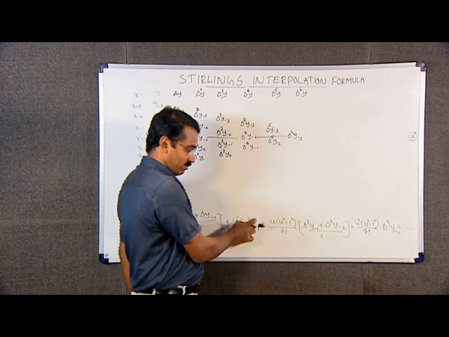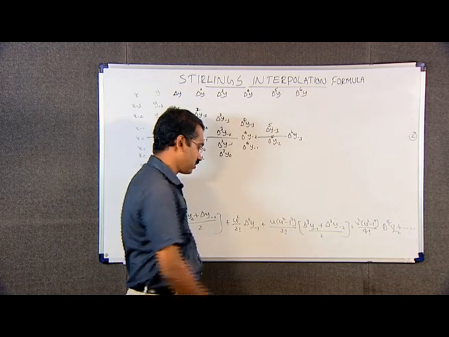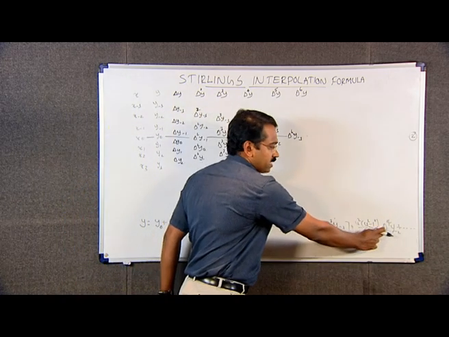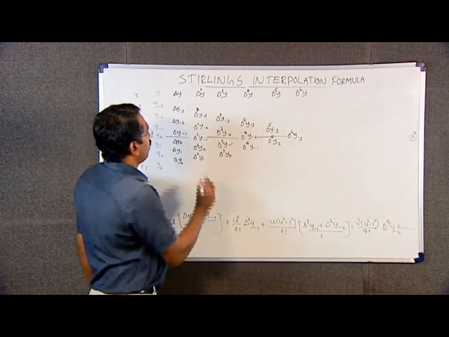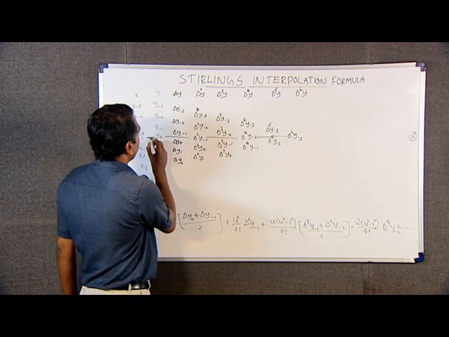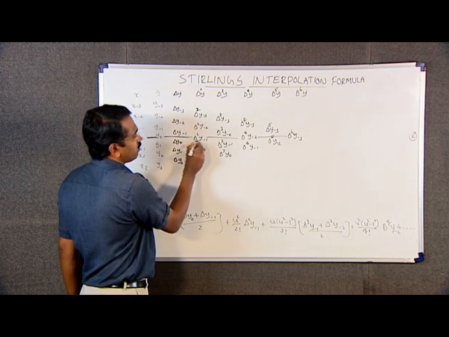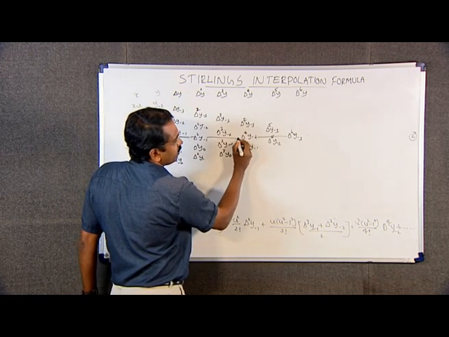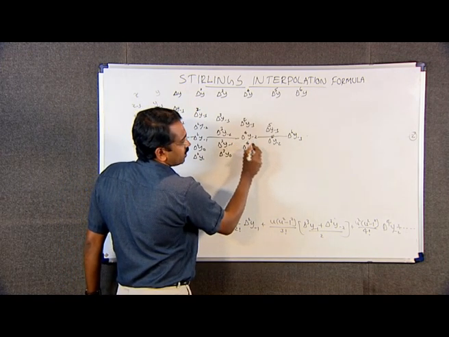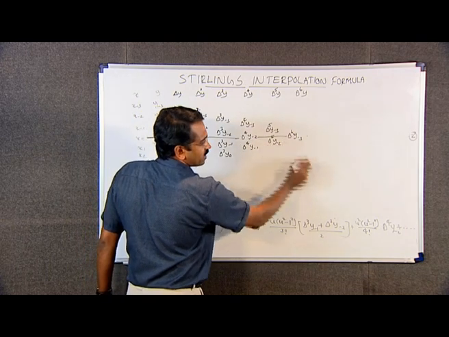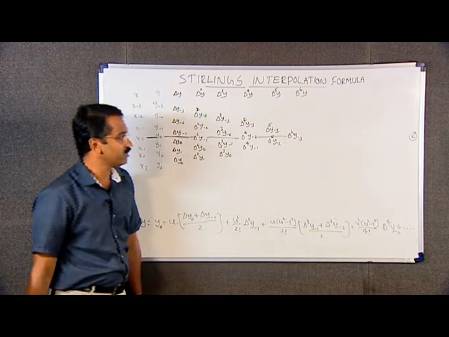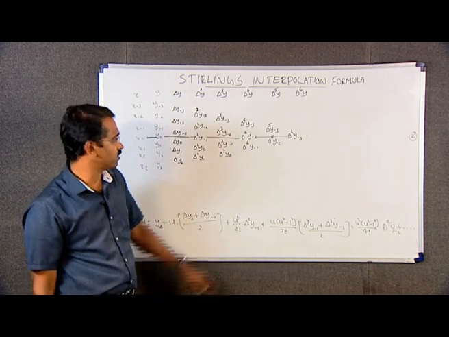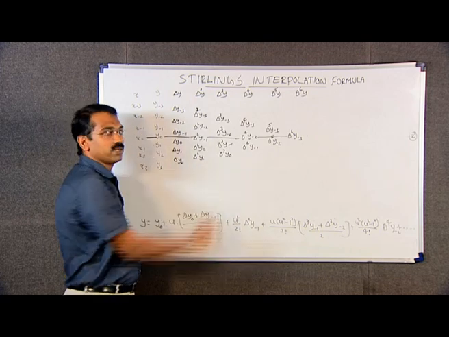Observe the even order differences: delta square y minus 1 here, next is delta raised to 4 y minus 2, all lying on this center line. Y naught is here, delta square y minus 1 also lies on this center line, delta raised to 4 y minus 2 lies on this center line. Similarly, delta raised to 6 y minus 3 lies on the center line. That means all the even order differences lie on this center line.